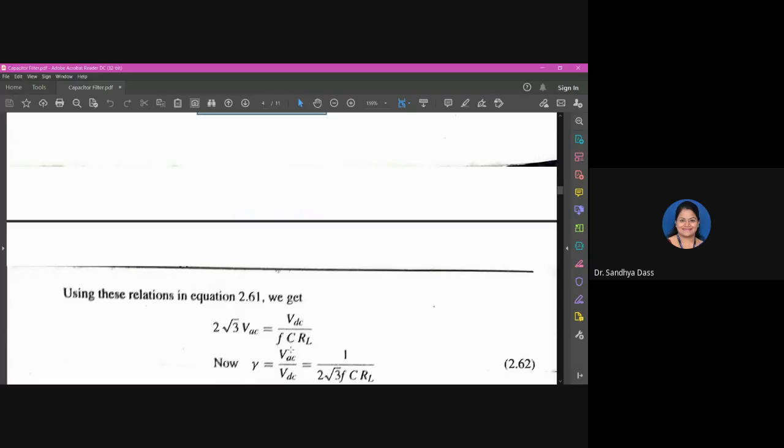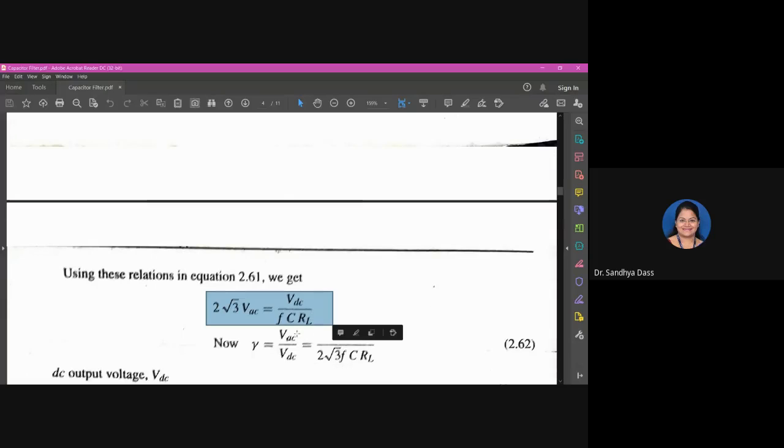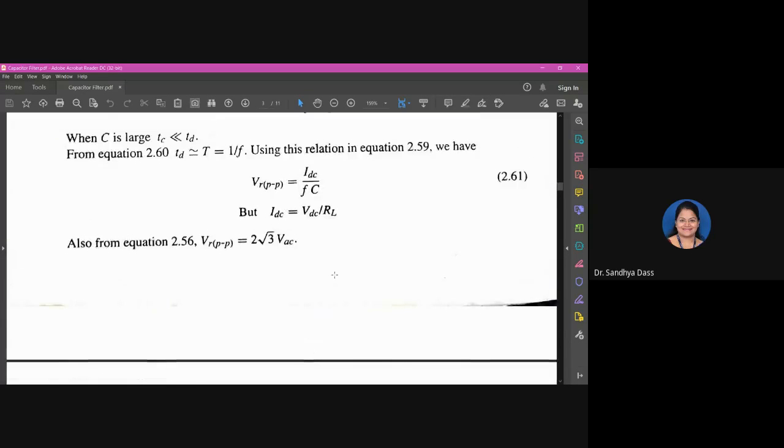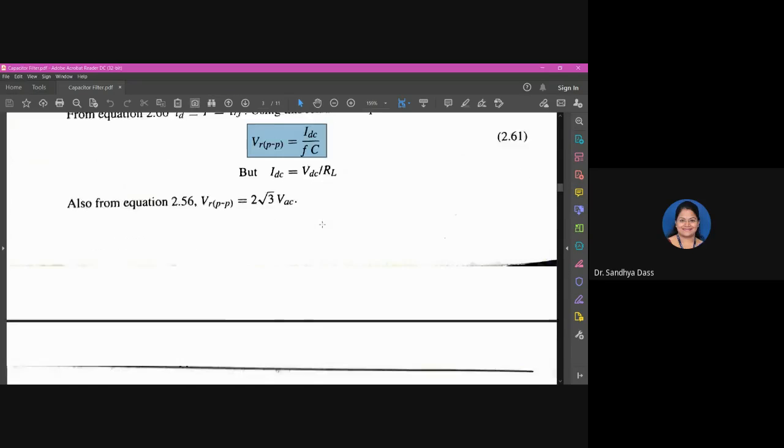On the left hand side, you will have 2 root 3 VAC is equal to VDC by FC RL. On the right hand side, you will have VDC by FC RL, substituting IDC equal to VDC by RL.